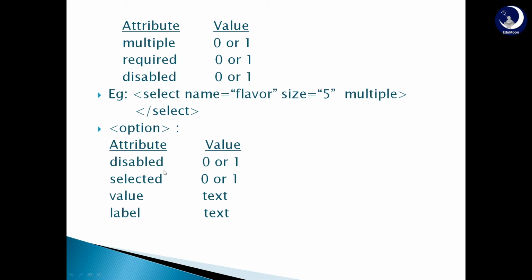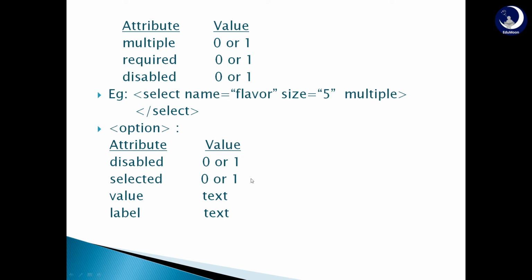Disabled attribute allows you to make the element unusable and unclickable, same as the select tag attribute disabled, but here only the option to which you have set the disabled attribute is going to get disabled. But in select tag, when you have set the disabled attribute as 1, all the options will get disabled. You cannot select any of the options in the drop-down list.